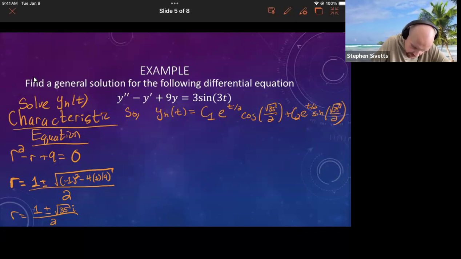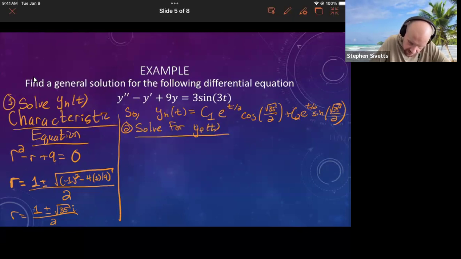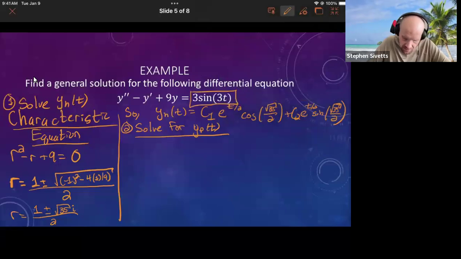Okay, so that's the homogeneous solution. Now the second step is to solve for the particular function y sub p of t. This time we have a term that has sine of 3t in it. So in this step, you can disregard the constants.